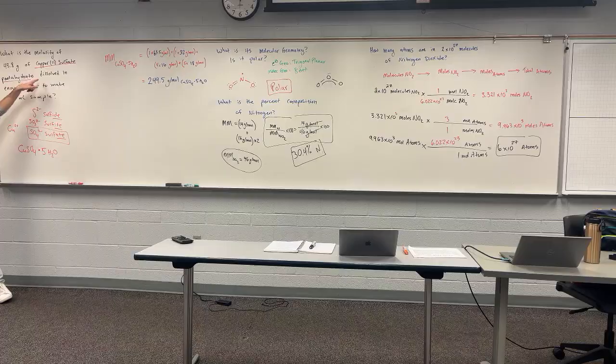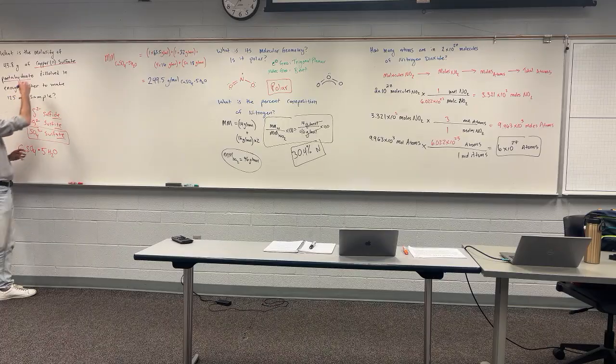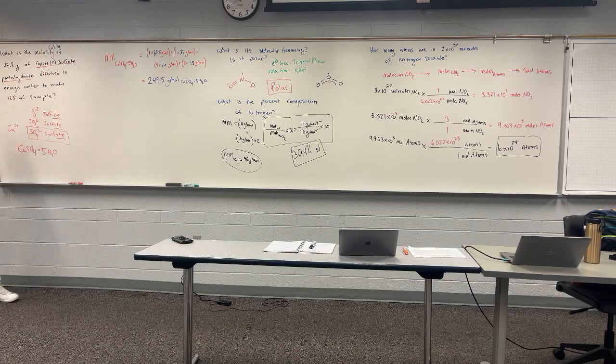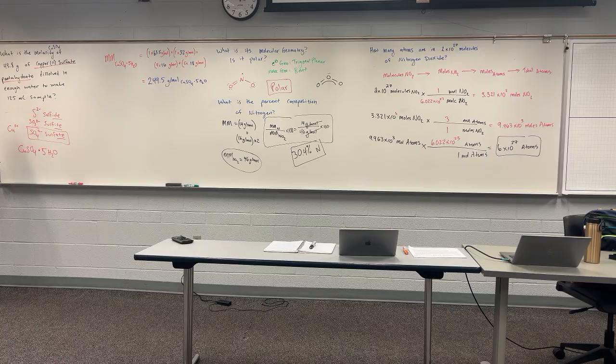Okay, I didn't copy this exactly the way it was written on this worksheet. The way it was written was, what is the molarity of copper 2 sulfate, not the molarity of copper 2 sulfate pentahydrate.